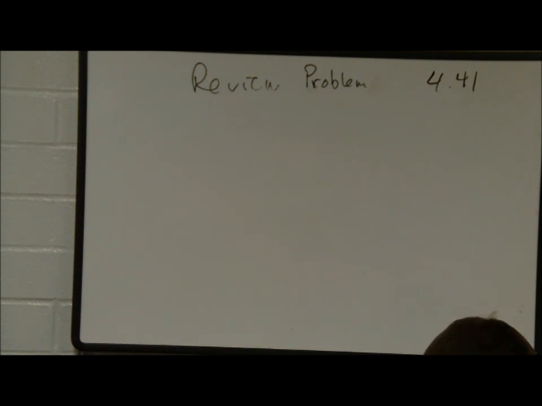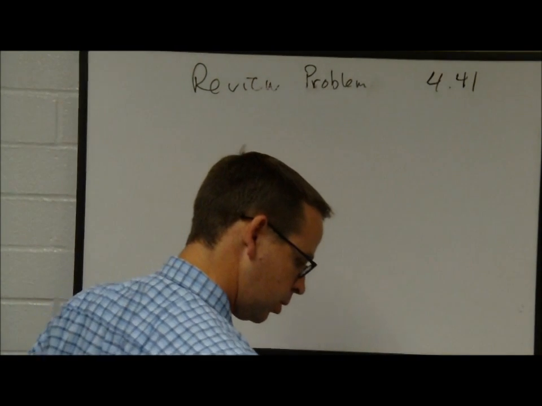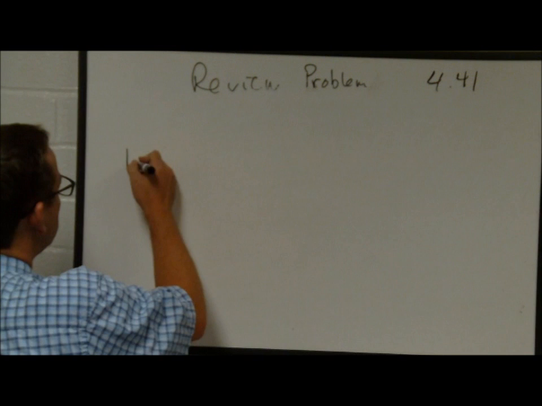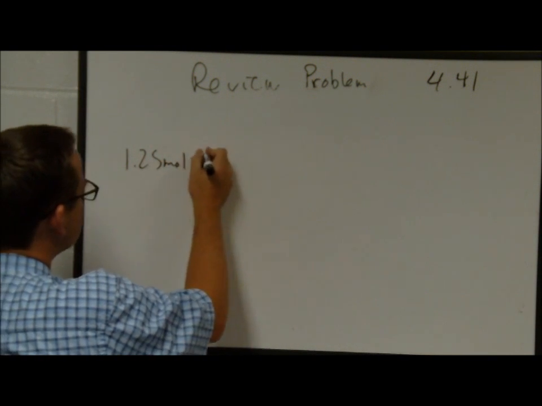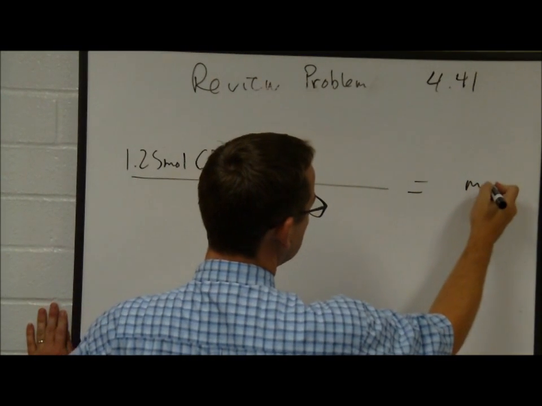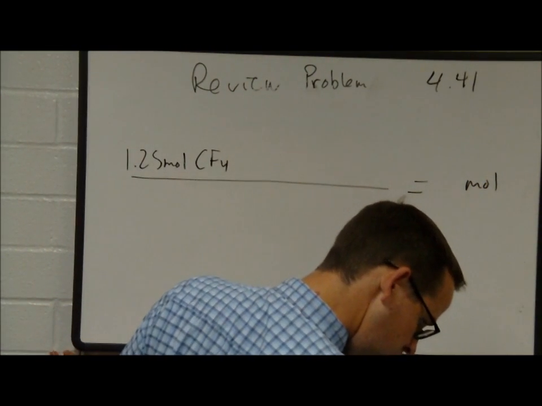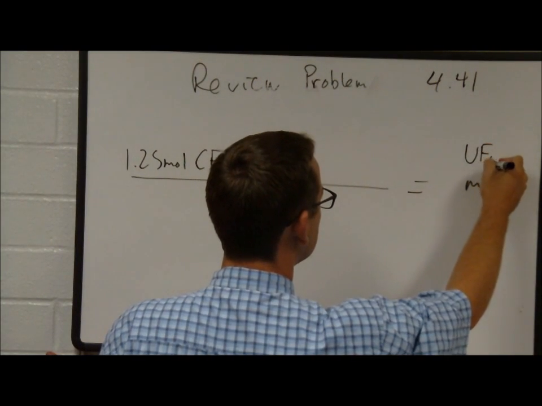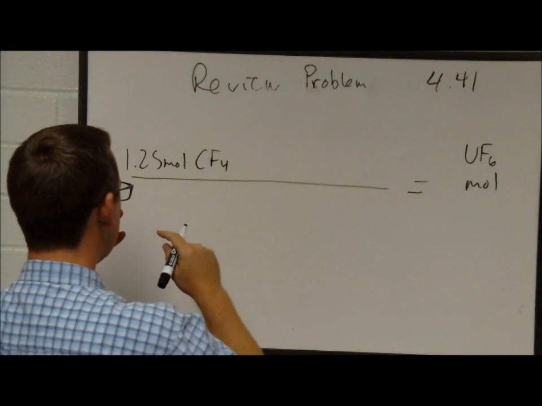Assume sufficient carbon is available. Okay, so to prepare 1.25 moles of CF4. And the question is, how many moles of uranium fluoride, which is UF6?